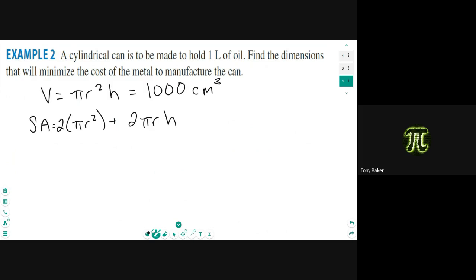Okay. Make me my equation. I'll give you a nice little picture of it.